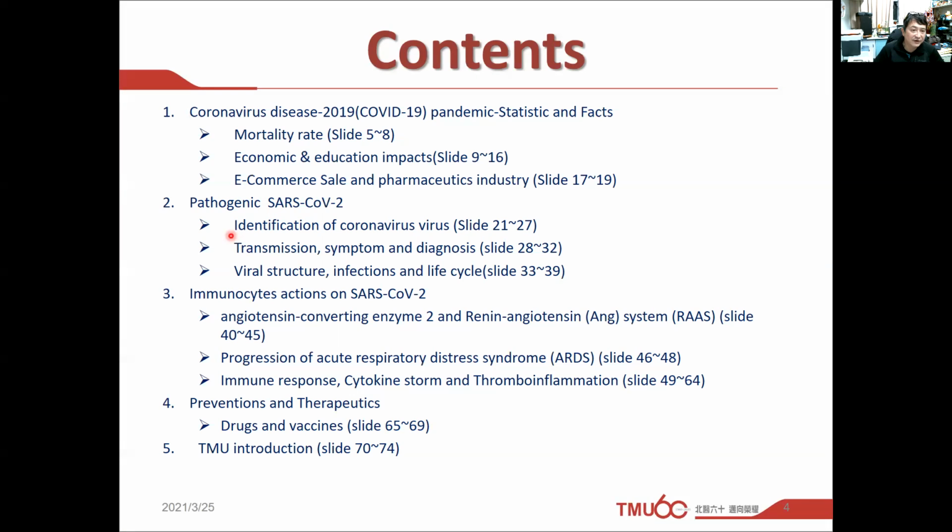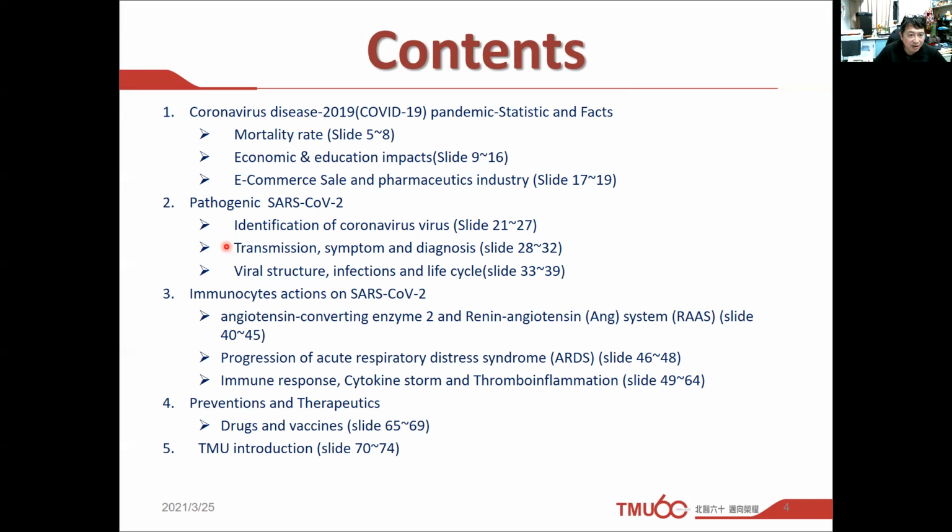In the first part, I will tell you how to identify this particular coronavirus, and then I will report what kind of mechanism or way it is transmitted, what symptoms the patient will show, and what kind of diagnosis methods will apply in finding this disease in patients. And the last part in this category, I would like to go over the detailed structure, genetic information regarding this virus, what its life cycle is, and how it makes infection in patients.